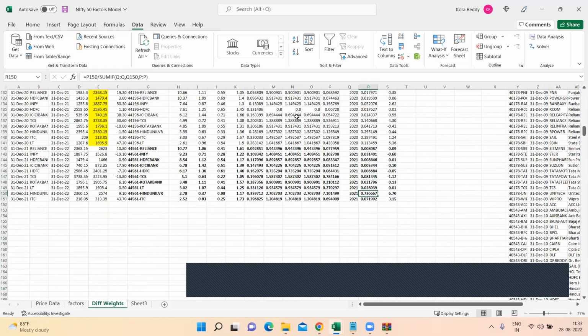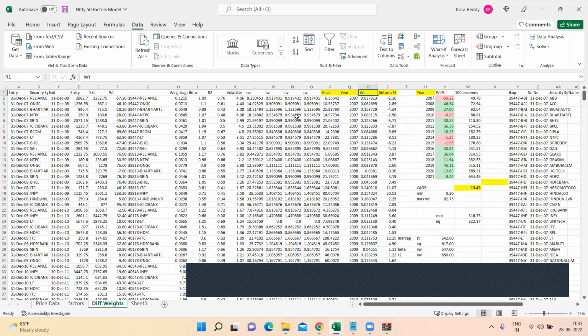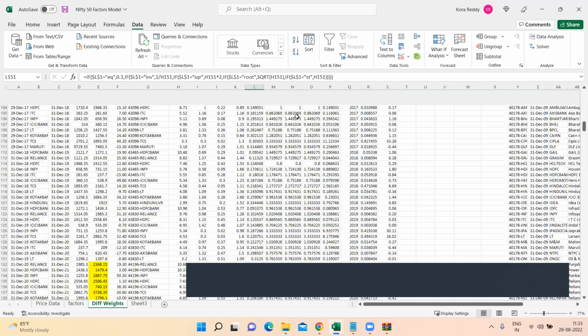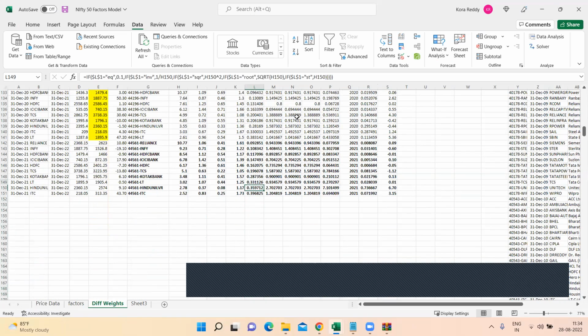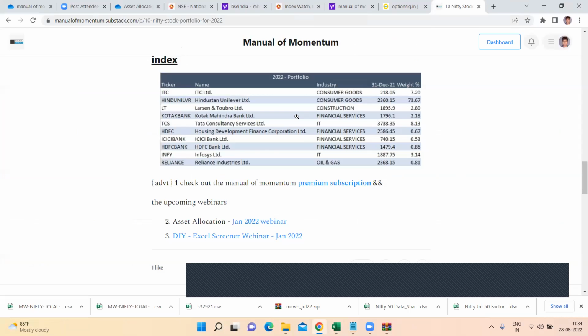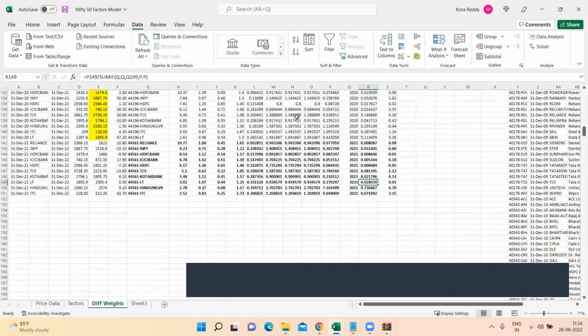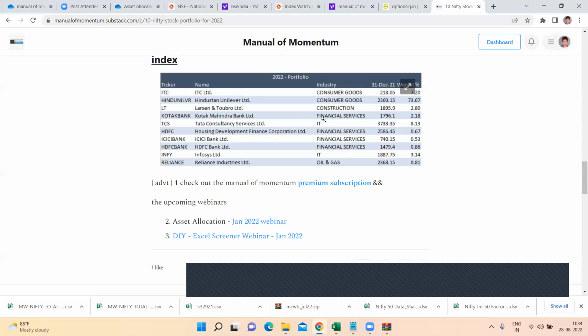Yeah, so I've chosen invert for everything. What is the weight for ITC? 7.19, 7.2. LNT is 2.8. The next one is Nifty at 3%. Yeah, so that's the weights.